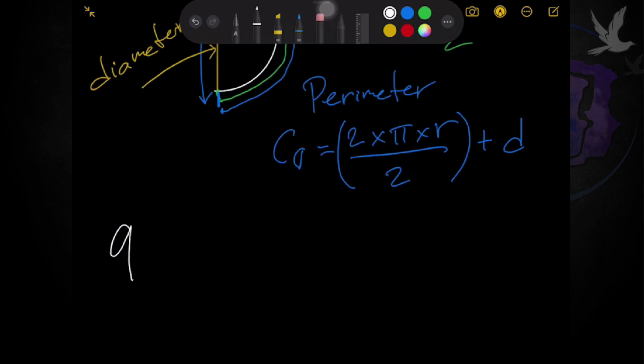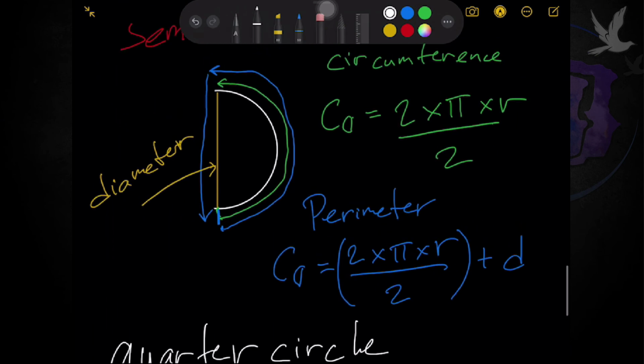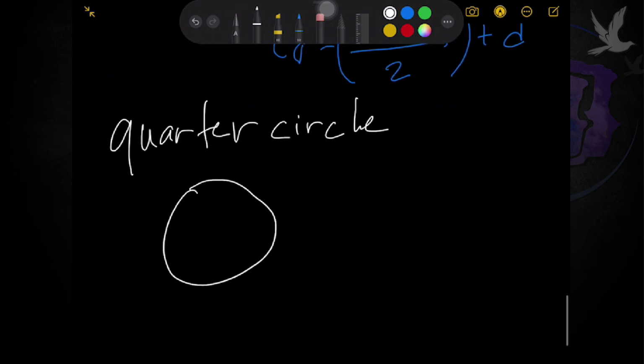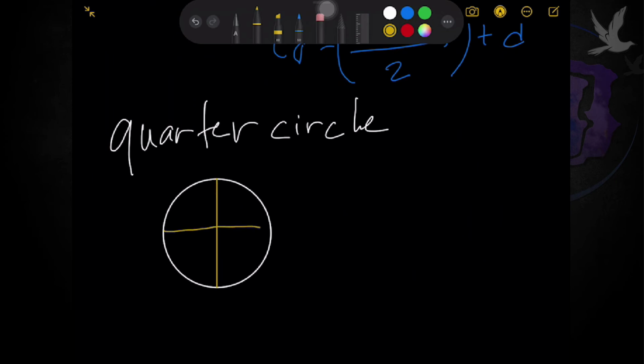So, for a quarter circle, yan. Quarter circle. Again, draw lang tayo ng circle. Then, taking a quarter of it. Erase na naman tayo.